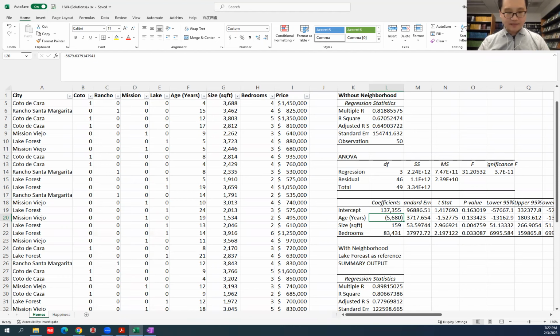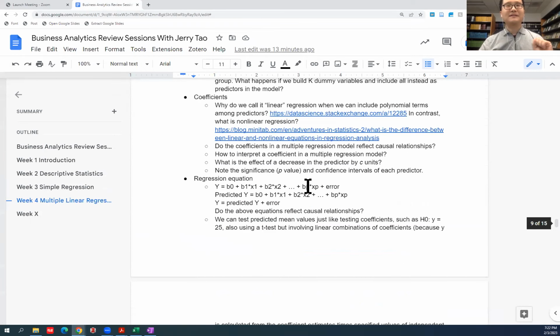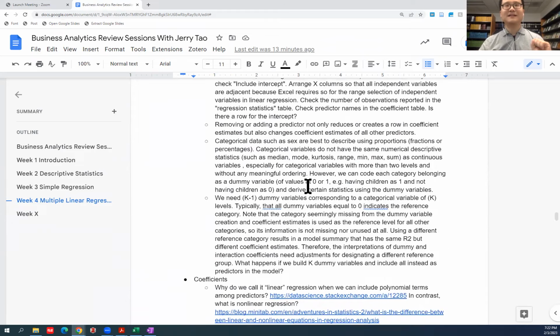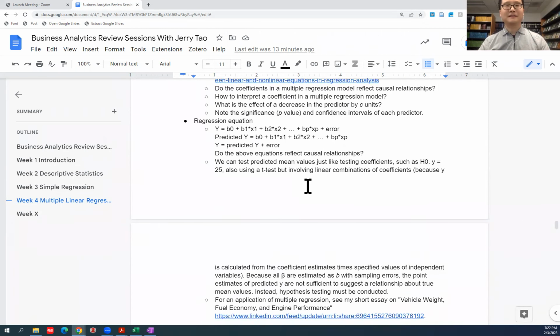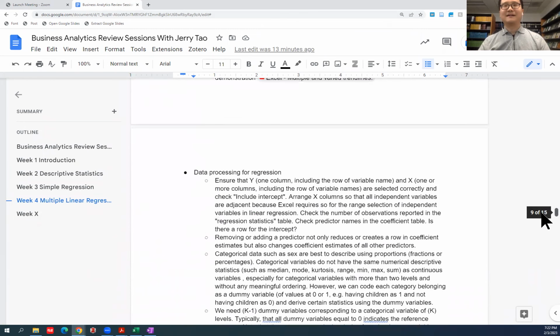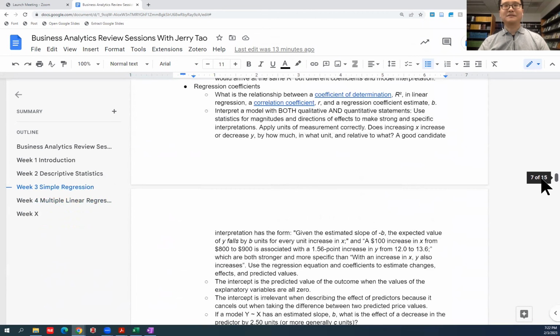So I provided a tentative template about the coefficient interpretation. Let me find it.